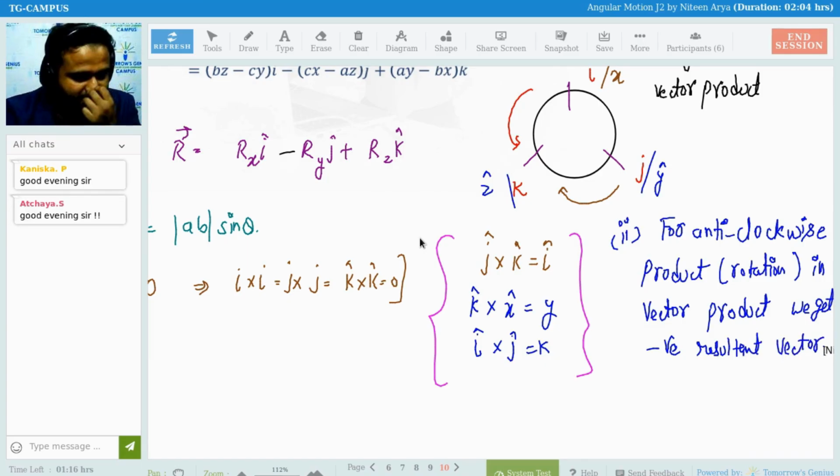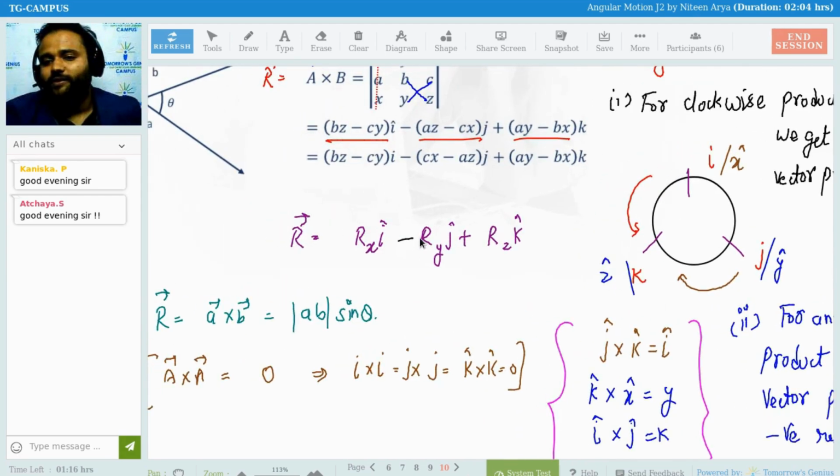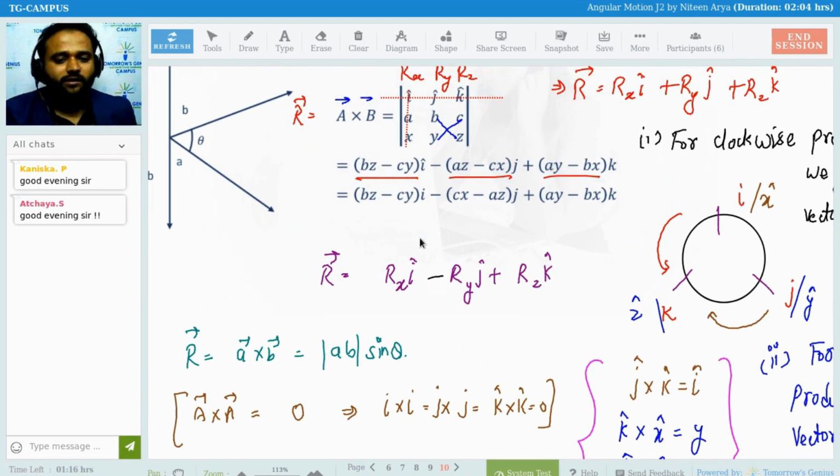If you just take and understand this, you are never going to get this positive-negative confusion.